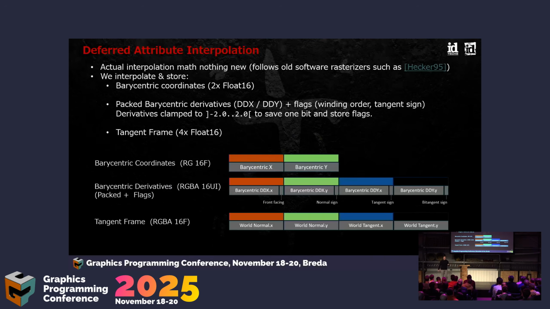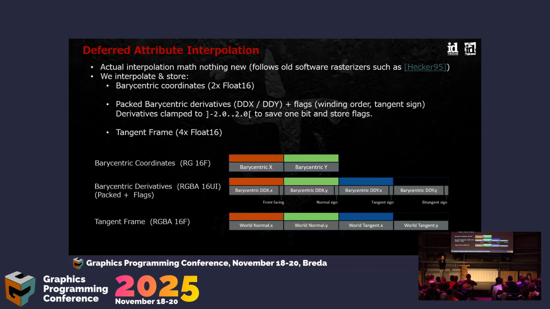Yeah. And the actual interpolation math is nothing really new, so it's not really shown here. We basically just picked up some paper from the 90s, which detailed how software rasterizers worked back then, and figured out the math from there. And what we ended up computing and storing into these buffers are the barycentric coordinates, the barycentric derivatives, with some packed flags.